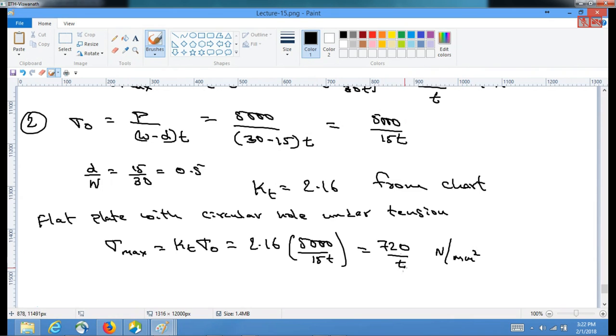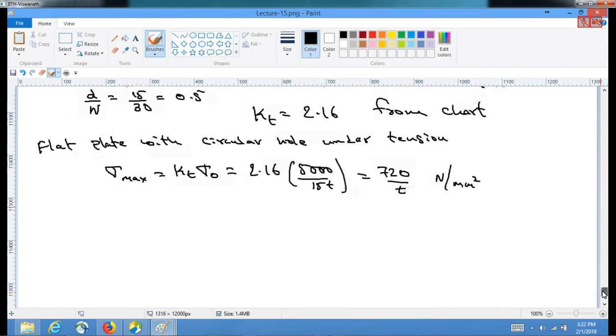So no matter whatever T is, from the first scenario we got sigma max as 300 by T, and from the second scenario we got 720 by T. So for a given thickness, whichever numerator is maximum dictates the failure.